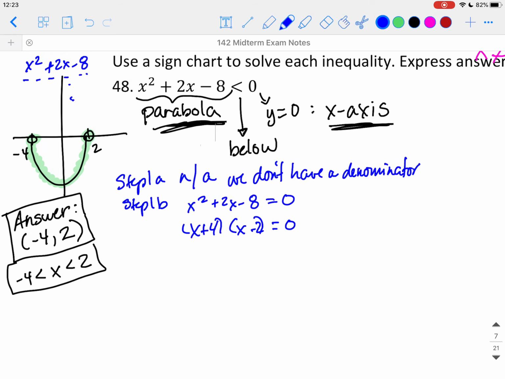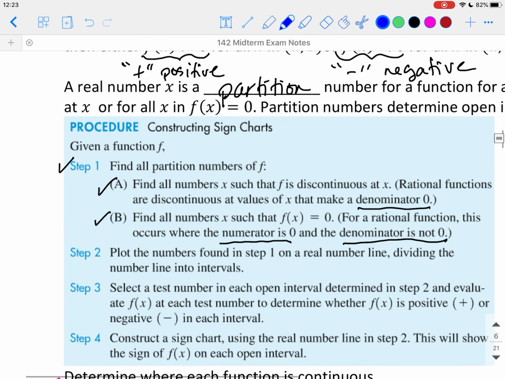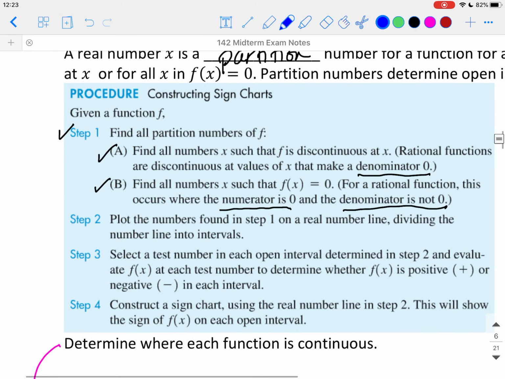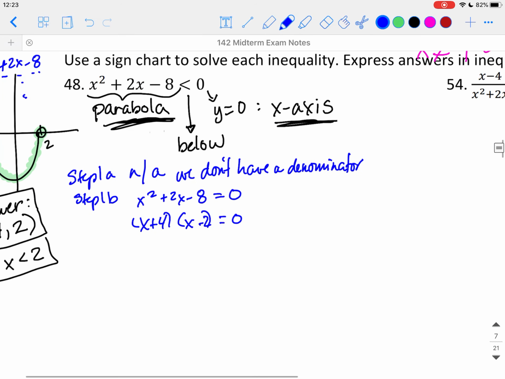If you look back at the notes, step 1b says find all numbers x such that f of x is equal to 0. So here, we're going to set each factor equal to 0 to find them. I'm going to write that in a different color. Set each factor equal to 0.